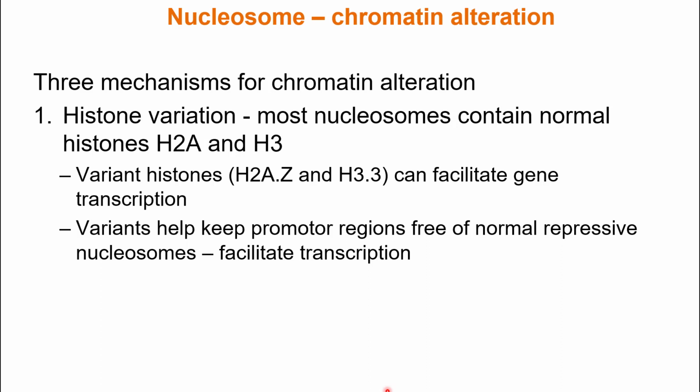If we use, say, an H2A.Z or an H3.3 histone, that protein structure allows the promoter regions to be free. And so you can have normal repressive nucleosomes out of the way so we can transcribe those sections of the gene.